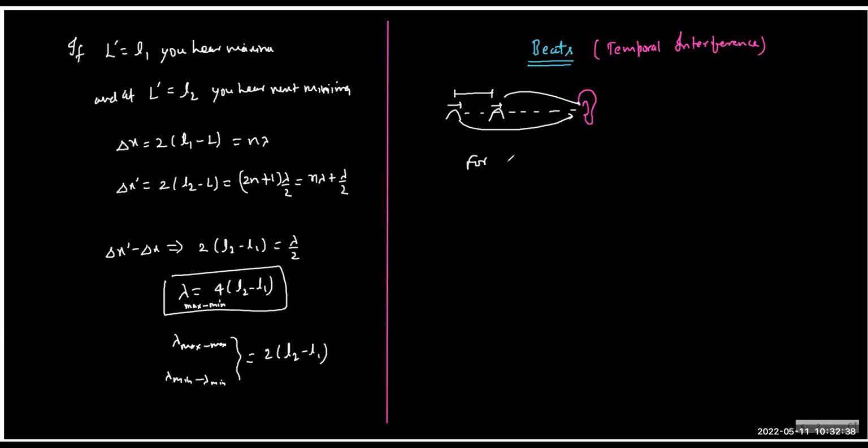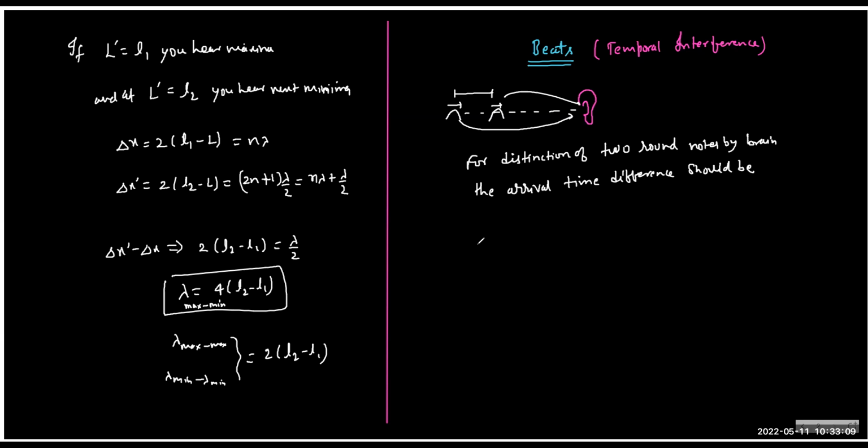So for distinction of two sound notes by the brain, the arrival time difference should be greater than or equal to 1 by 10 seconds.